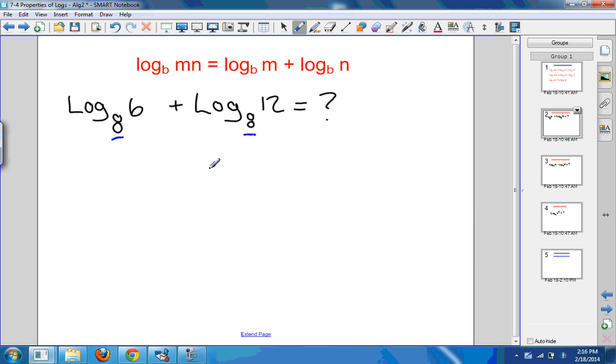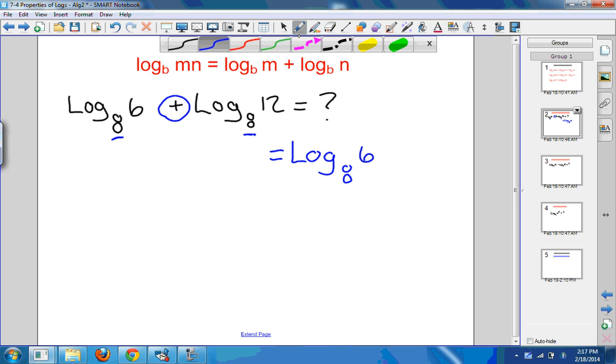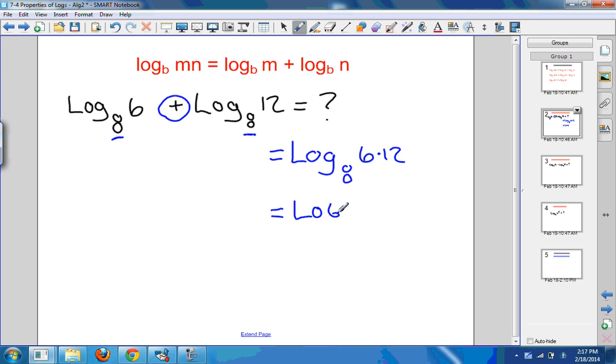So if we're adding them together, the way we combine them is we'll keep the exact same base 8, and if we're doing addition, then we're going to multiply together 6 times 12. So if we're doing addition, we can multiply what we're taking the logs of together. So we end up with log base 8 of 6 times 12 is 72.